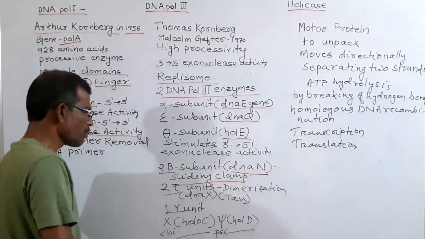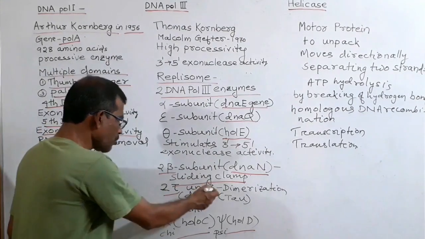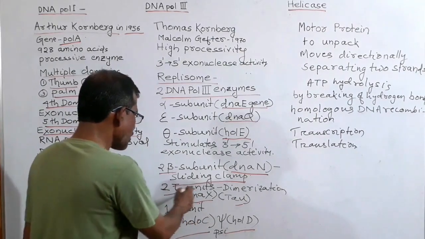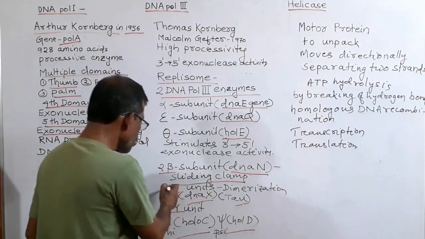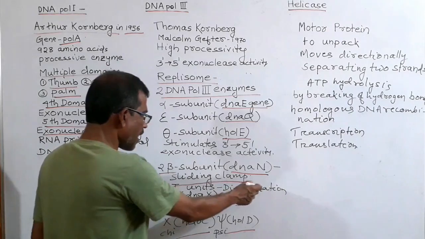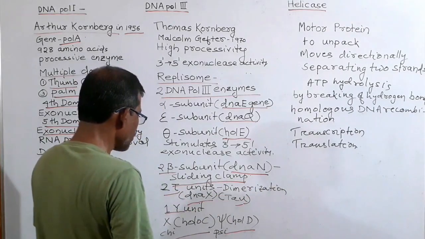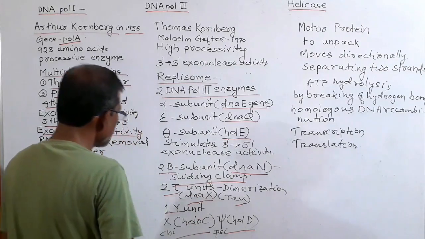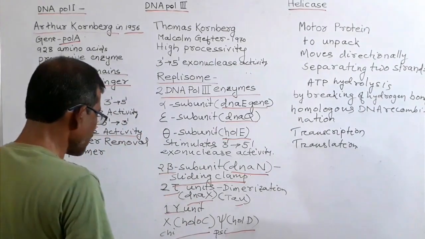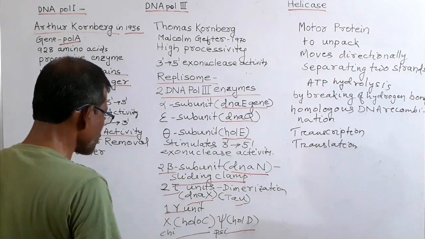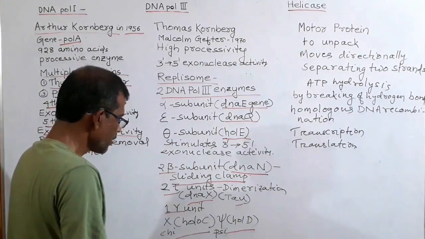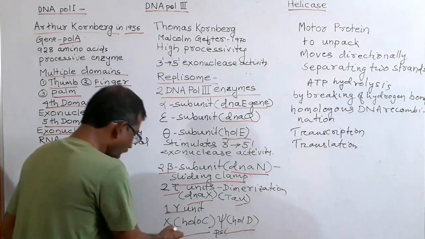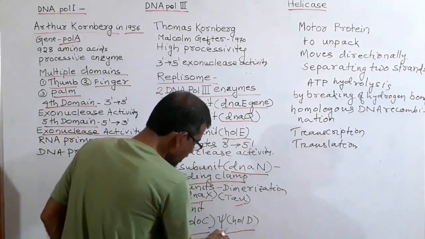Next, the replisome also contains two tau subunits. These two tau subunits play a role in dimerization. The tau subunit is encoded by the gene dnaX. The replisome also contains a single gamma subunit and other subunits: one is the chi subunit and the other is the psi subunit.